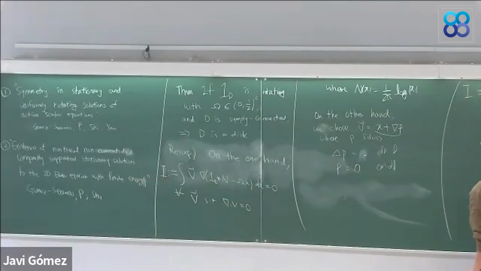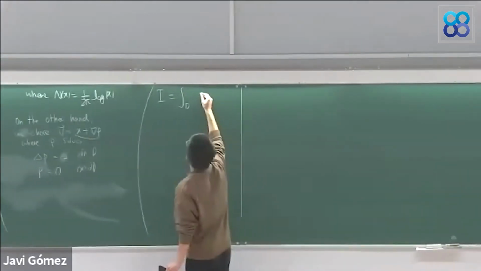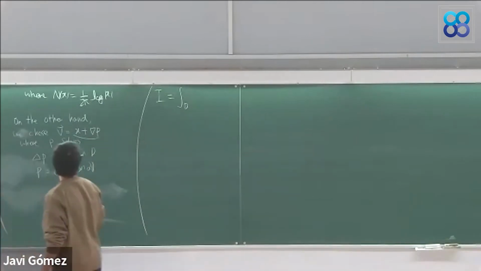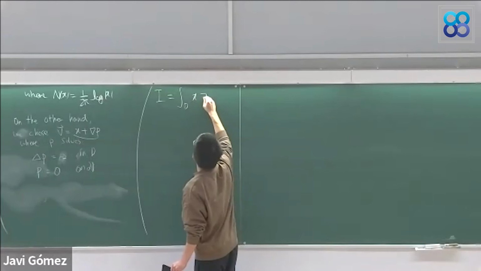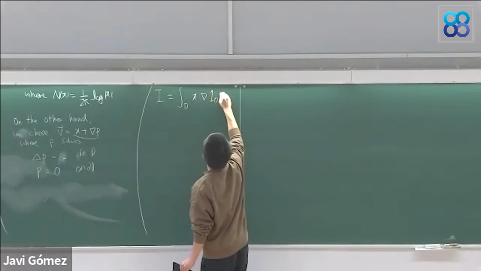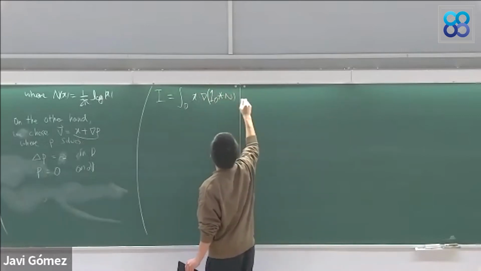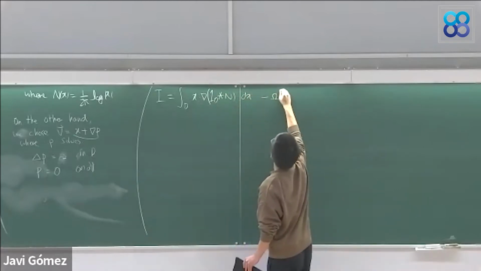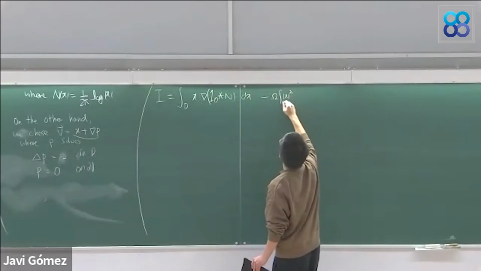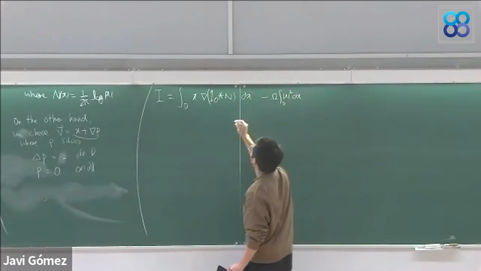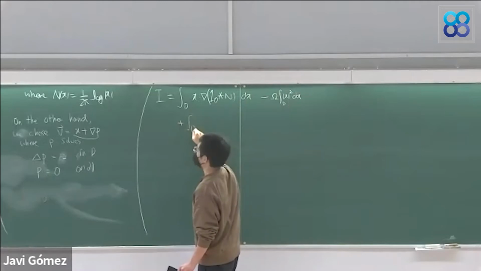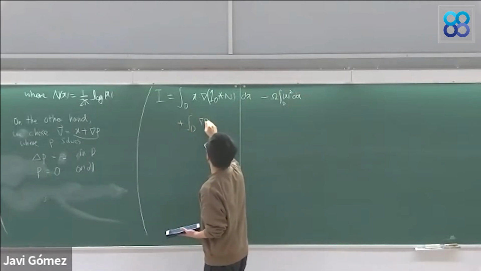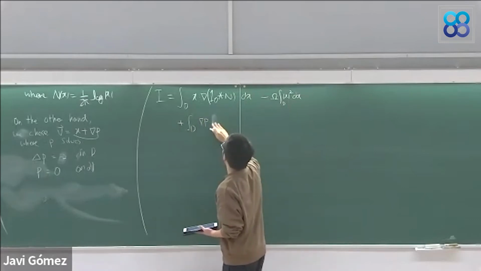So I is equal to the integral, and we convolve with N, minus omega squared x plus gradient p times gradient.